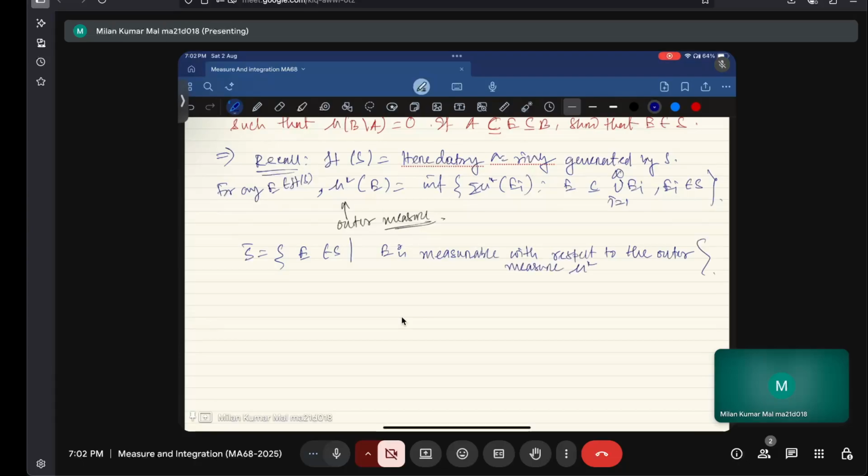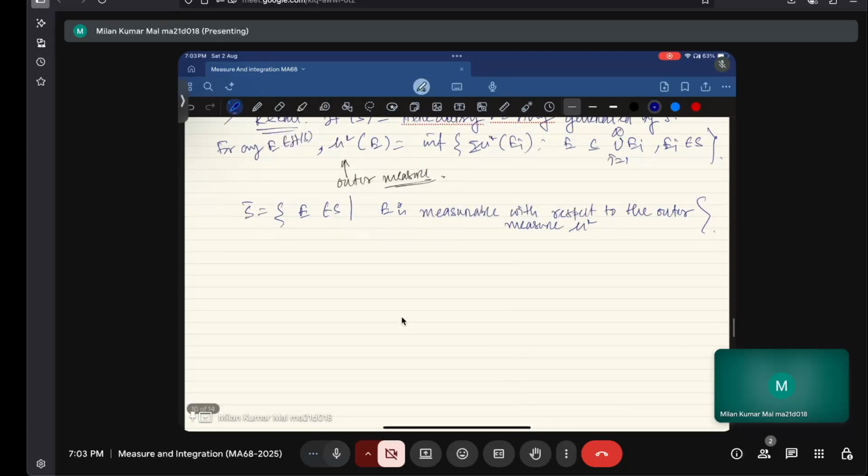So this is actually S bar. Measurable means that for any set A belonging to HS, mu star of A is equal to mu star of A intersection E plus mu star of A intersection E complement. That is what turns out to be S bar.